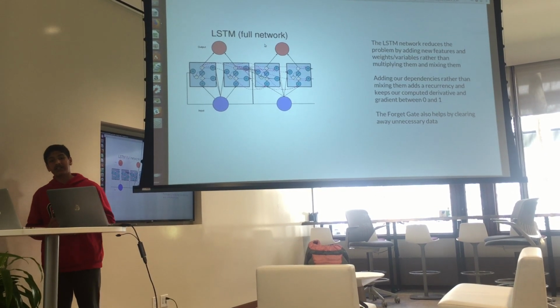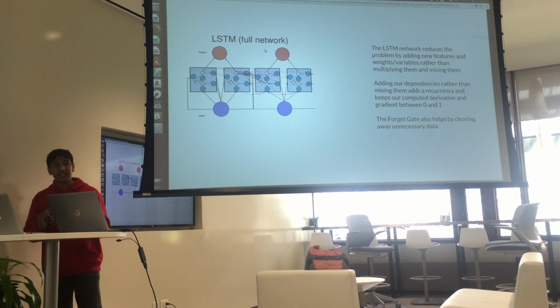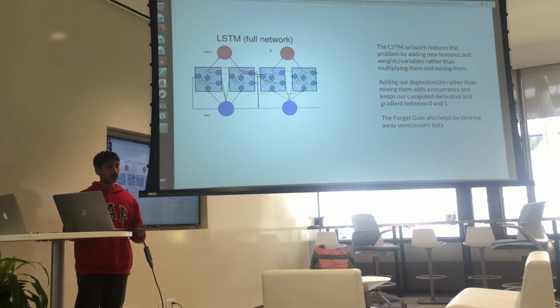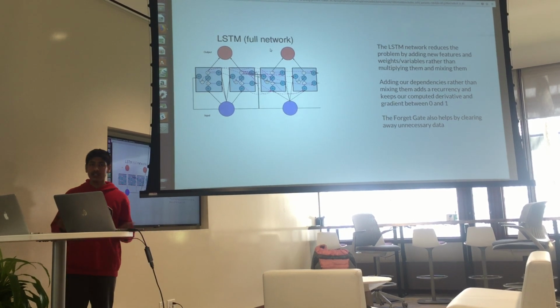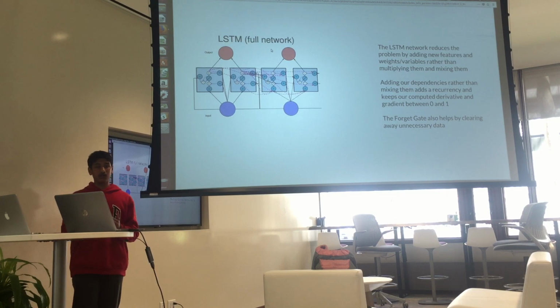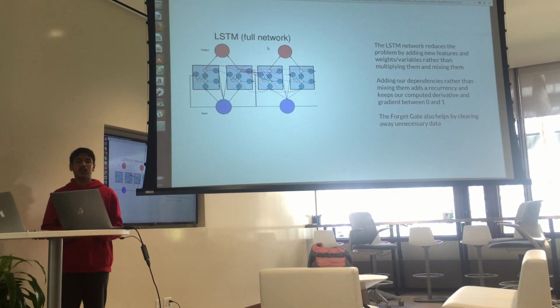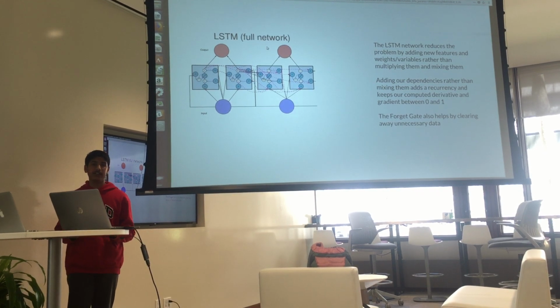And adding our dependencies rather than mixing them adds a sort of recurrence loop and keeps our computed gradient between 0 and 1, which is what we want, to keep our LSTM computing information between 0 and 1, so then it knows what to forget and what to output. And then the forget gate also helps by clearing away any unnecessary data.